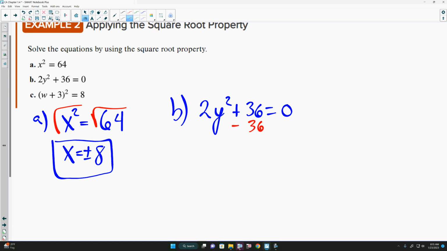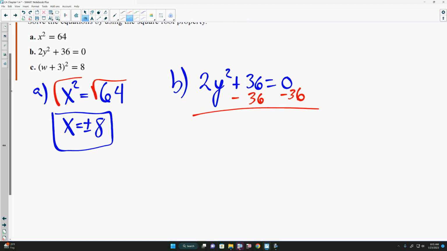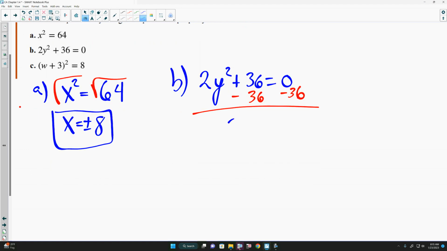So we can subtract 36 from both sides, which will tell us that 2y squared is equal to negative 36. So we know we're going to have complex solutions.